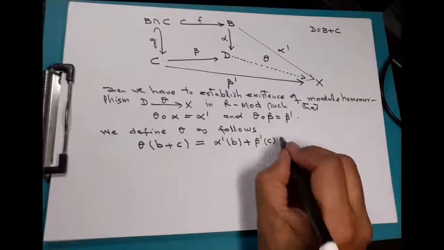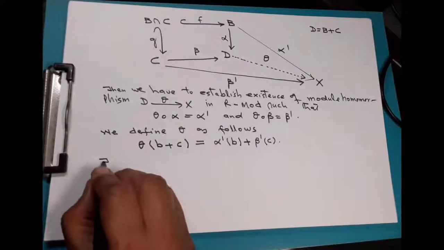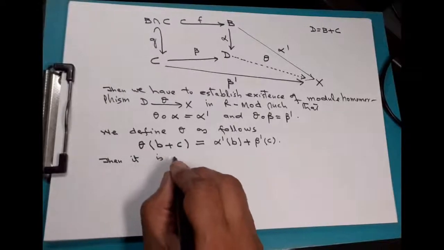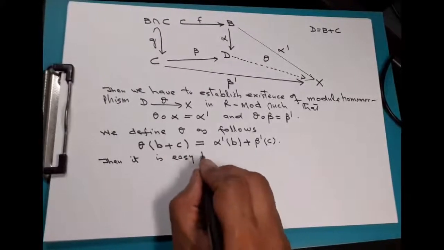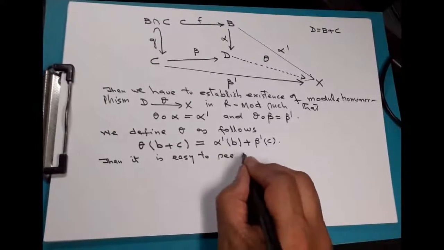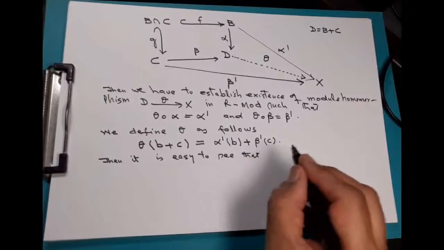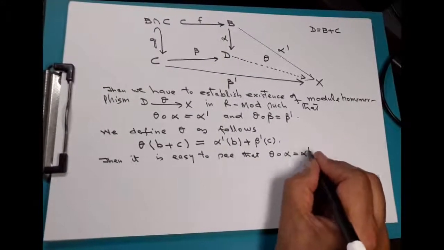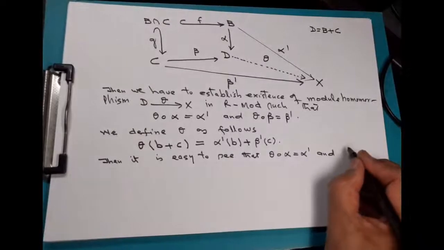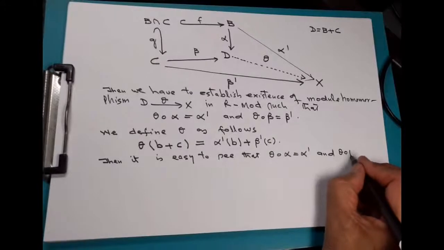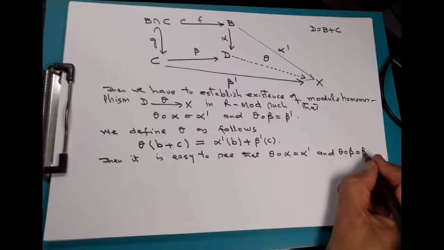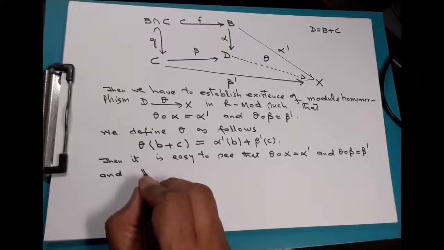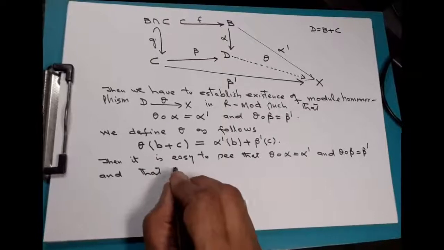Now it is easy to see that theta composed with alpha is equal to alpha dash, and theta composed with beta is equal to beta dash, and also that theta is unique.